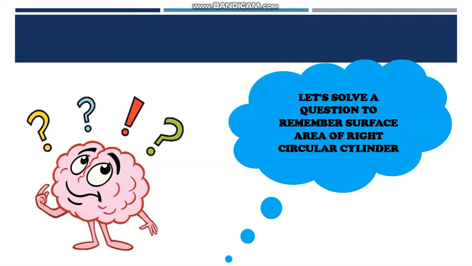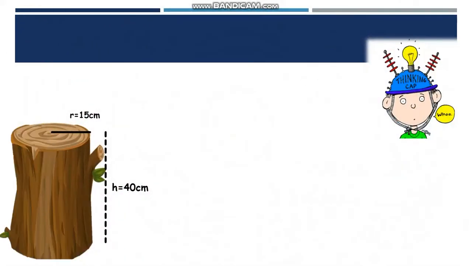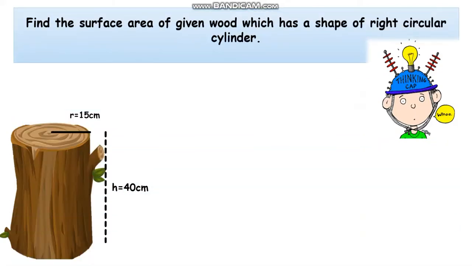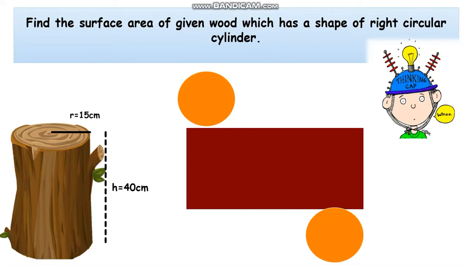Let's solve a question to remember the surface area of a right circular cylinder. What does the question ask? It says find the surface area of the given wood which has the shape of a right circular cylinder. If this wood has the shape of a right circular cylinder, when we open it, which is the net, we will face a shape like that.